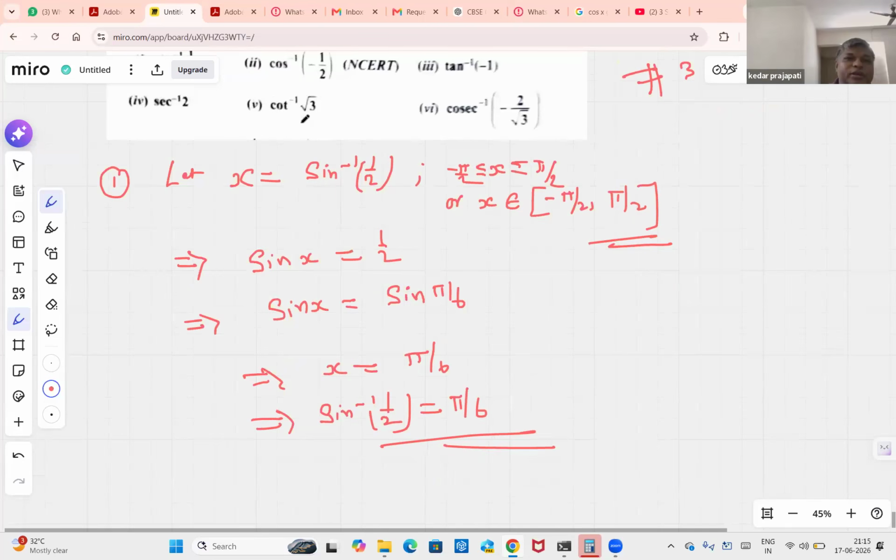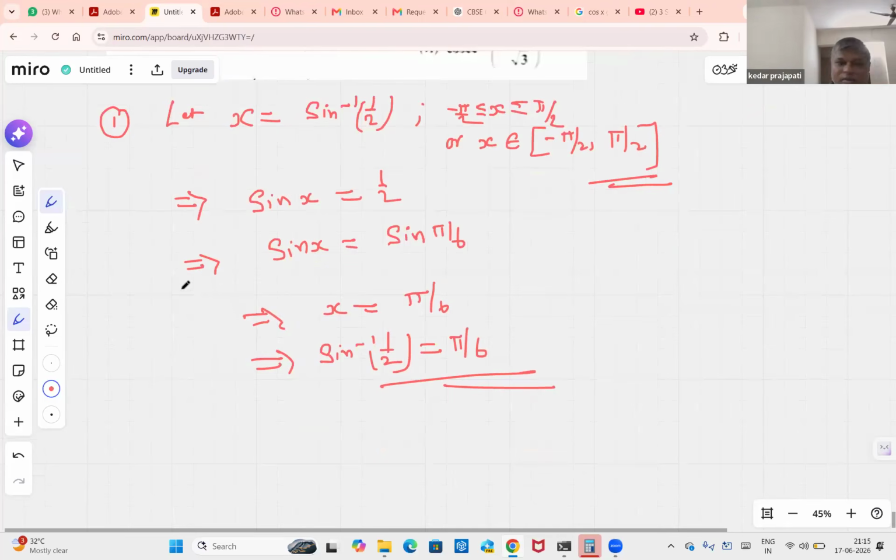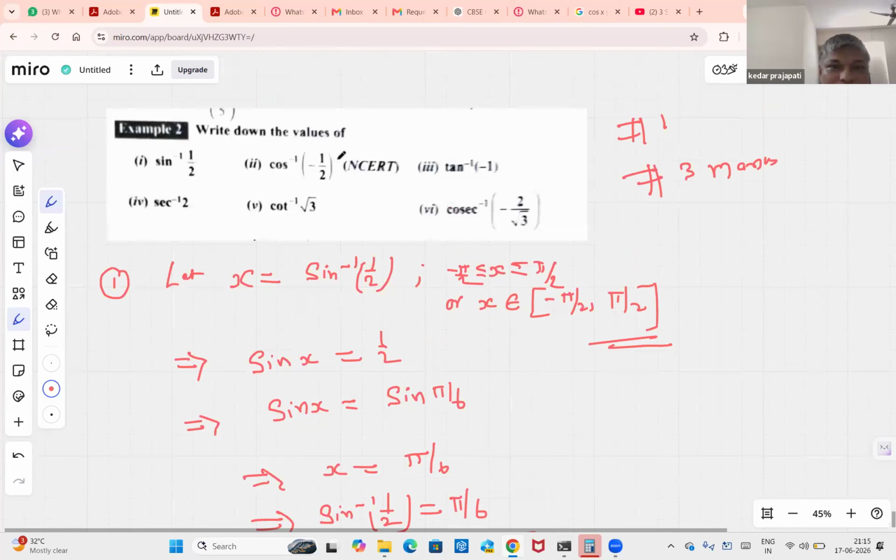Now cos inverse minus half. Sir, is it minus pi by 3? We'll solve.